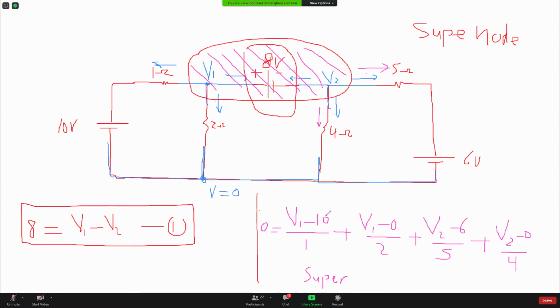And we find this equation. Now we have two equations. We solve those two equations. We can find the two node voltages. Is this okay? Any questions here? Okay, so we will go to the lecture.